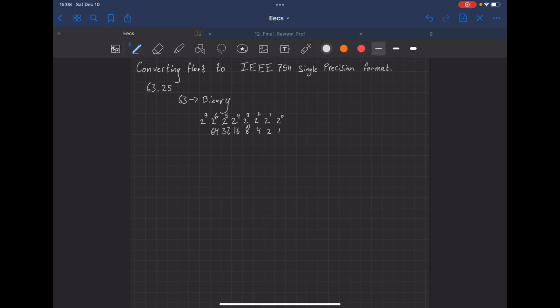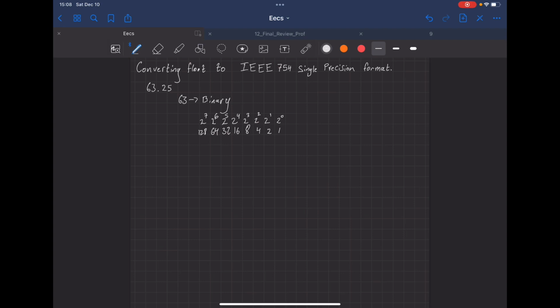For example, 32 plus 32 is 64. And if we wanted to continue, 64 plus 64 is 128, so on and so forth. So 2 to the power of 7 is 128.